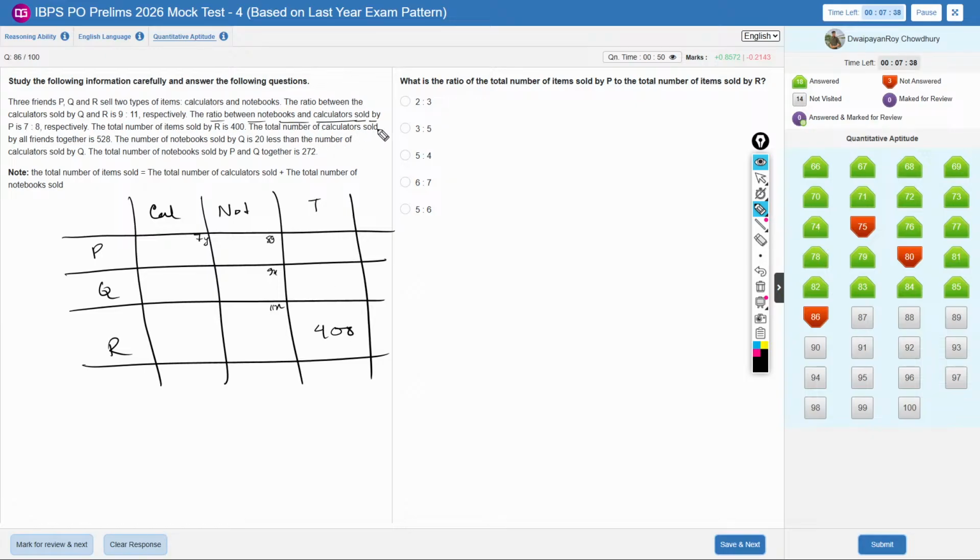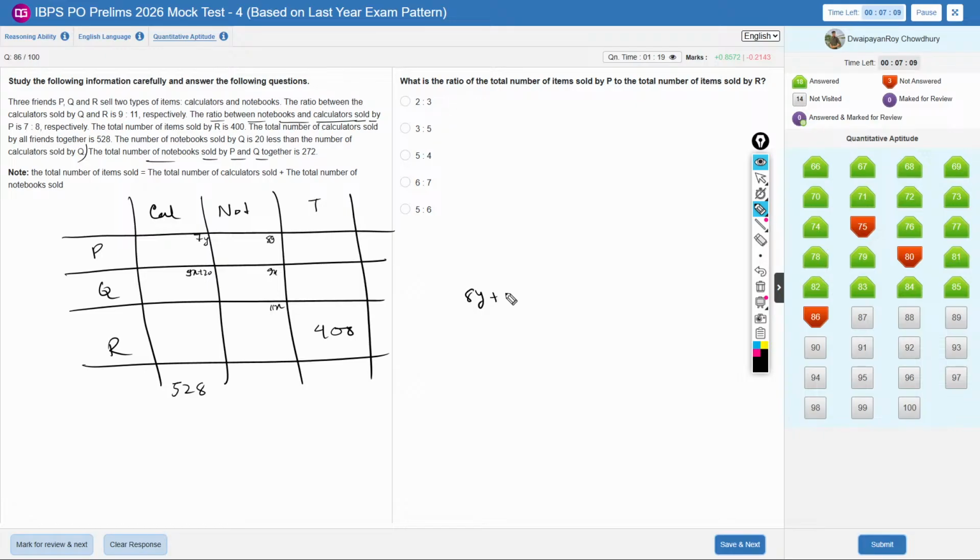Total number of calculators sold by all three is 5 to 8. The number of notebooks sold by Q is 20 less than the total number of calculators sold by R. So this is 20 more. The total number of notebooks sold by P and Q together.